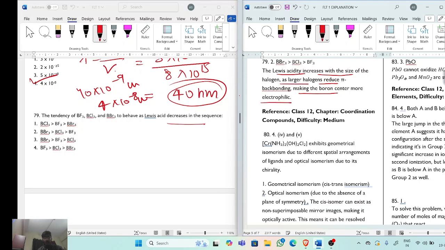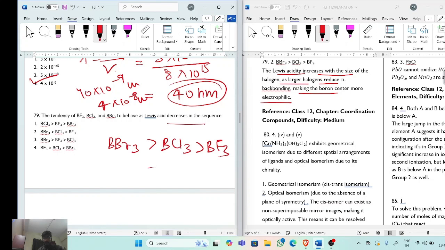So the highest will be for BBr3, followed by BCl3, and then BF3, as the Lewis acidity increases. Okay, as the larger halogen reduces the pi back bonding, that's why. So the correct answer will be option number 2.